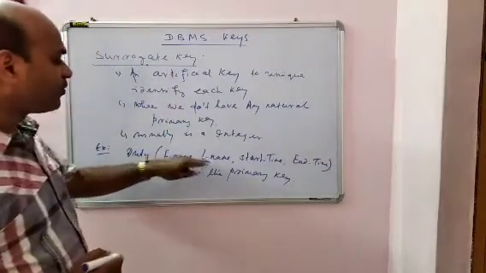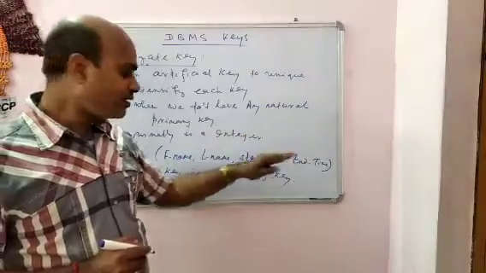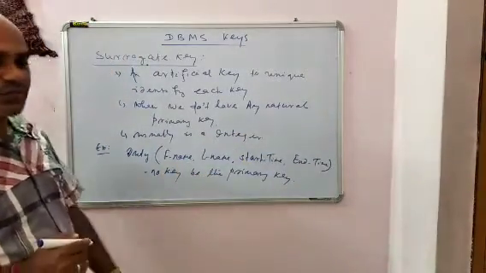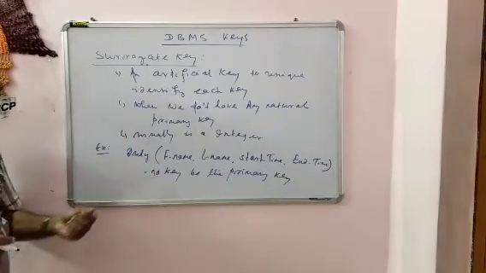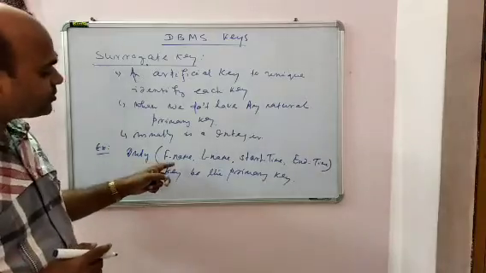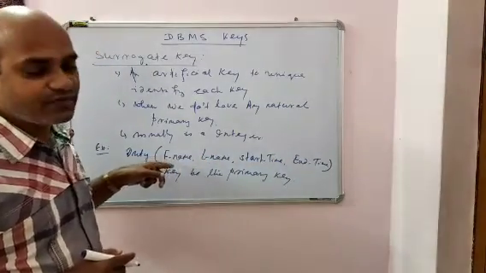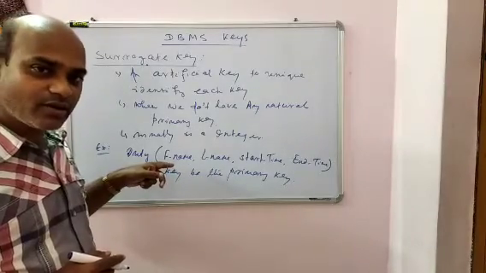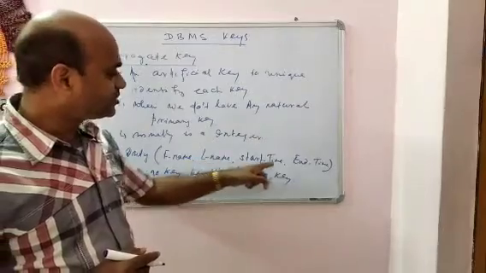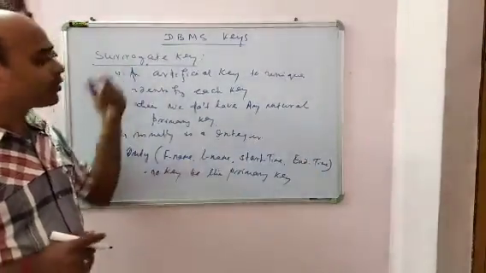Though all four columns together uniquely identify, any one of them cannot be the primary key. That's the surrogate key. There is no natural primary key. So a surrogate key is used.